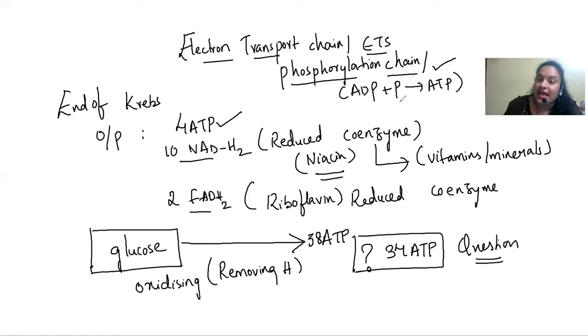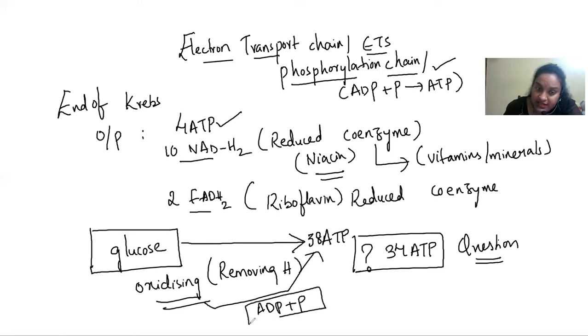And since this is happening with the terminal acceptor being oxygen, and as the glucoses are being oxidized to produce these ATP molecules, how? By joining up ADP with the Pi. So why can't I call this phosphorylation oxidative phosphorylation? Yeah, I can call it.